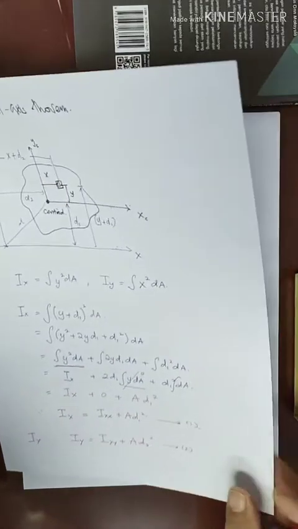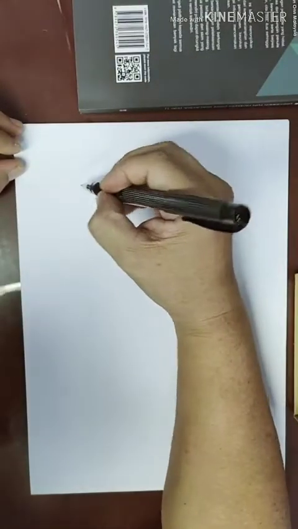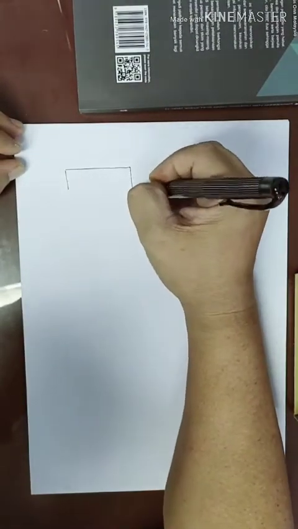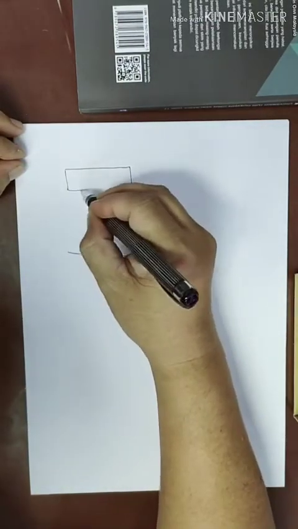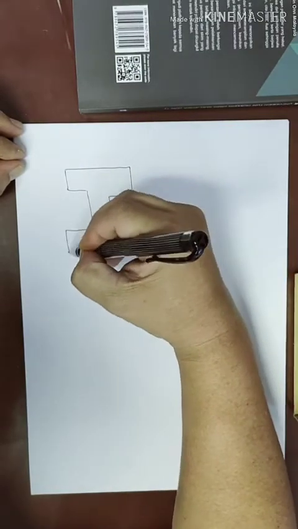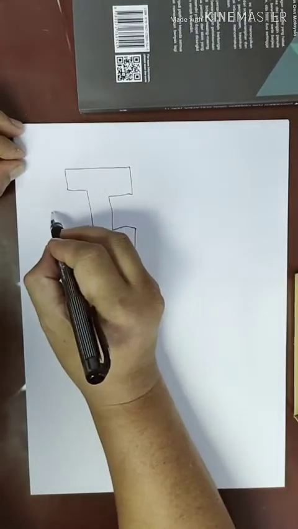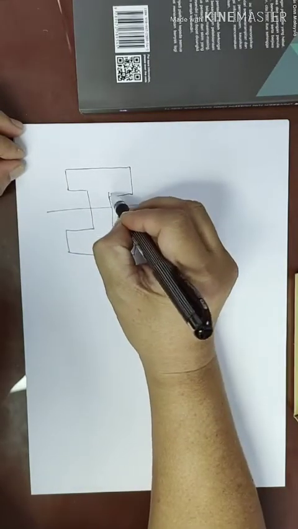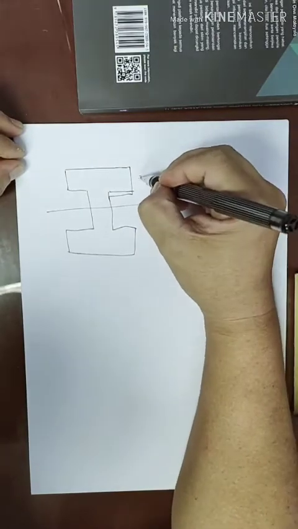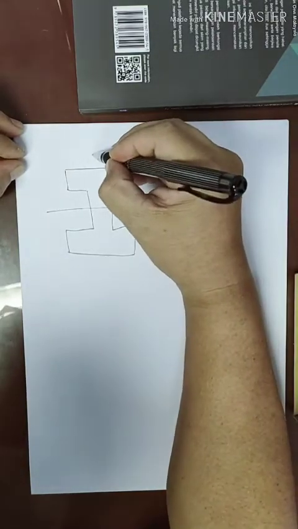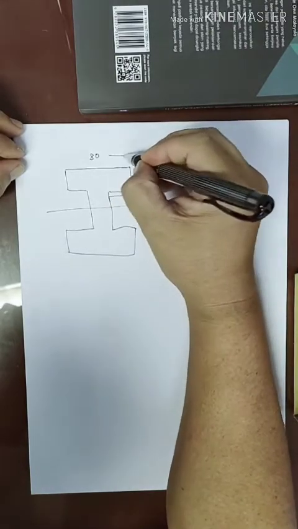So let me demonstrate one example. So let's say we have the I-beam, which has the size here 40, 80.